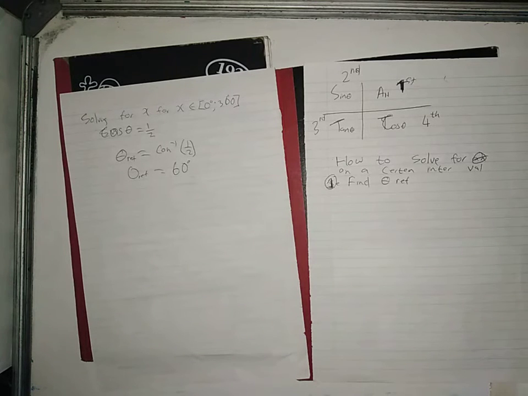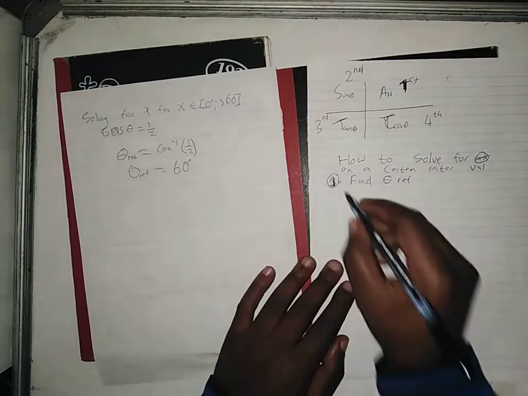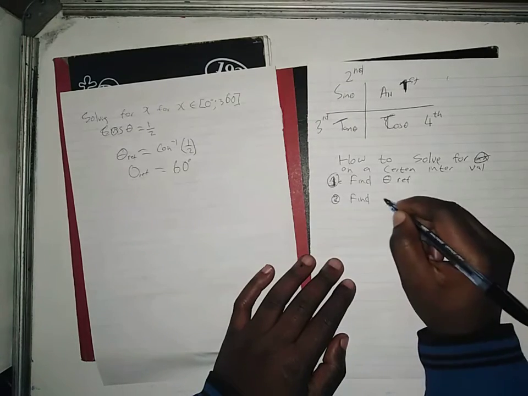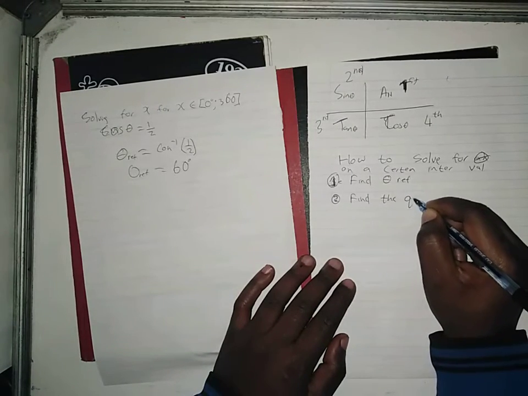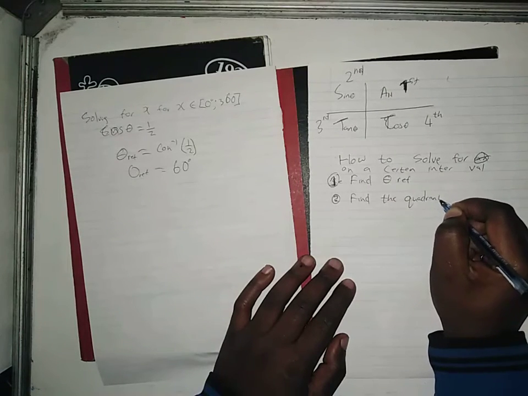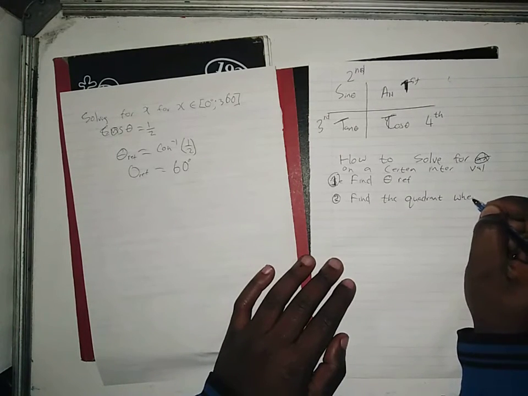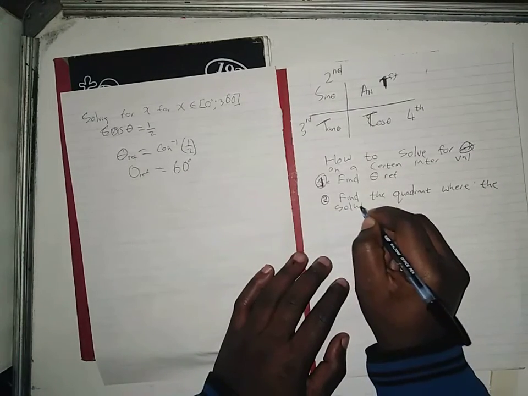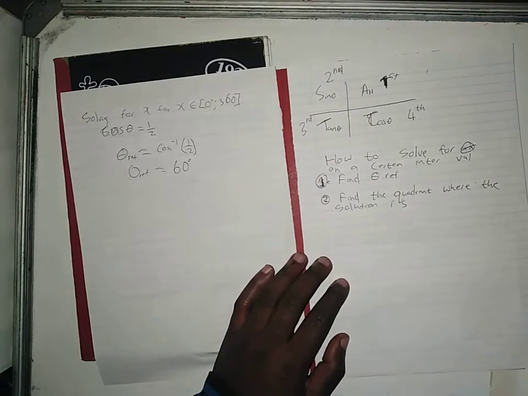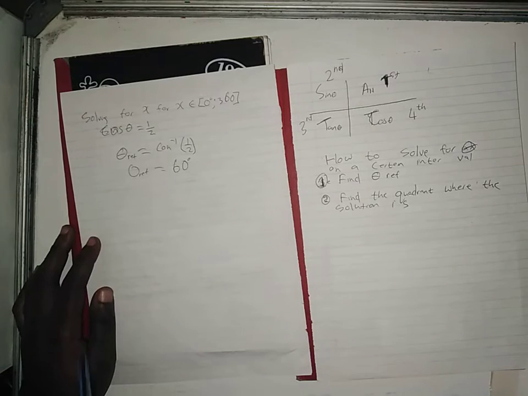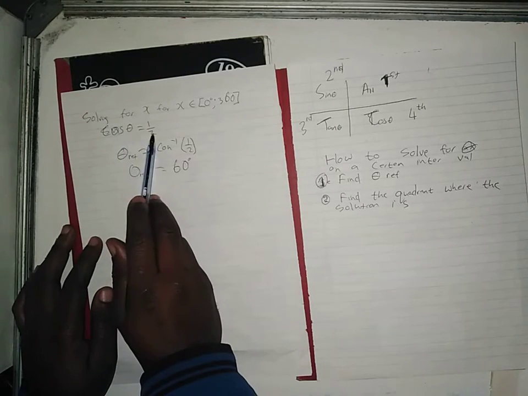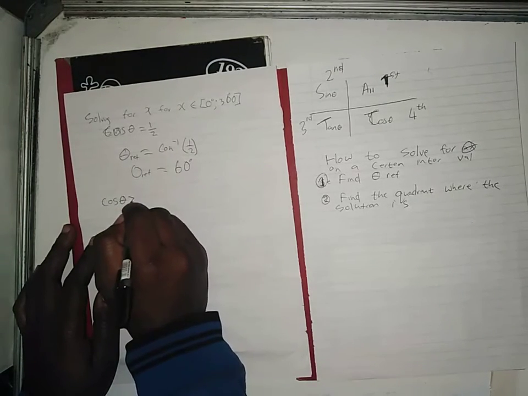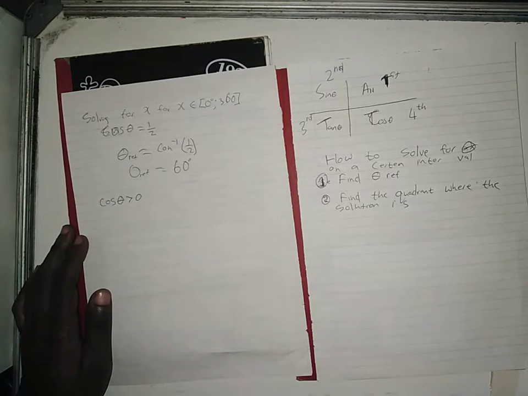Now step 2, what do we do? We must find the quadrant where the solution is. Okay, that is step number 2. So here cos theta is positive. Where is cos theta positive?